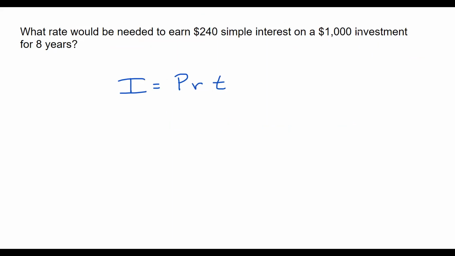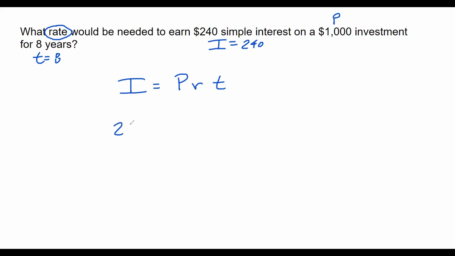We are making a $1,000 investment. That should be our principal. We can see that our time is 8 years. And the other piece of information we're given is the amount of interest. So I is equal to 240 in this case, and we're being asked for the rate.